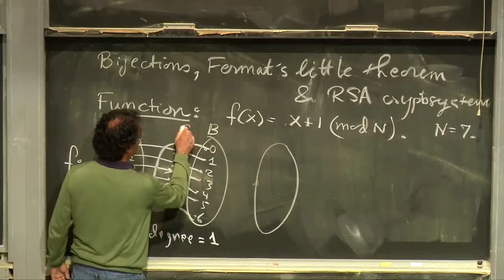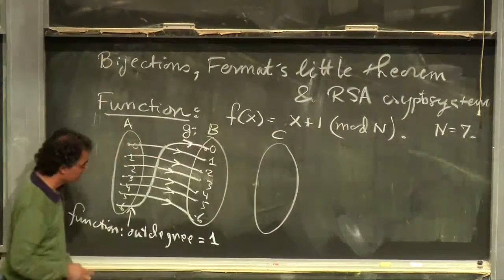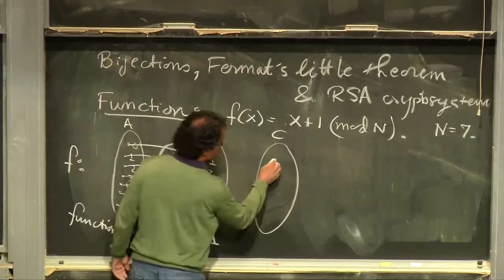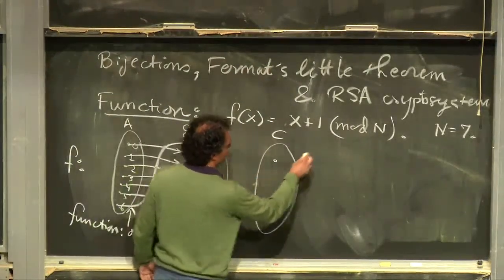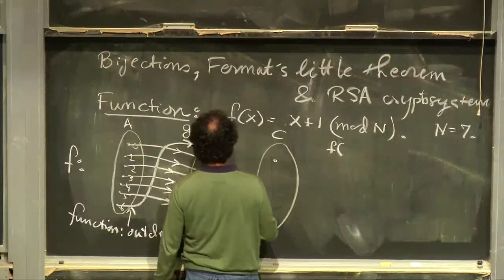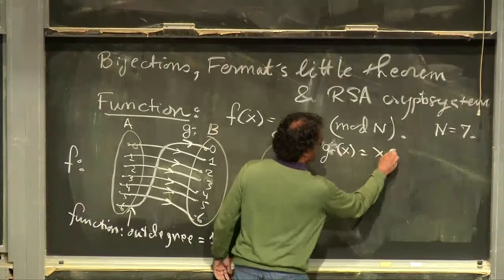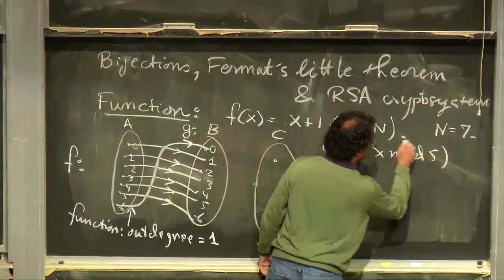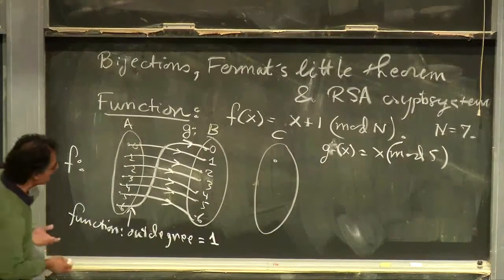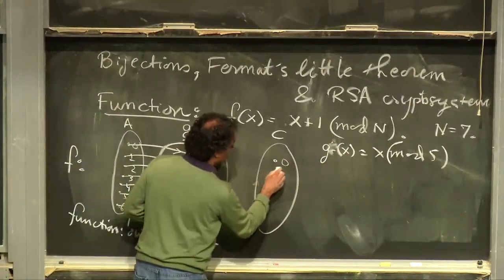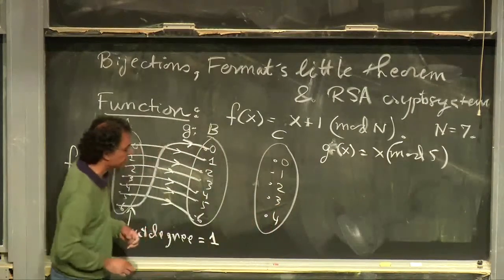But now, let's say you have a function g which maps B to C, and maybe g of x equals x mod 5. So now what happens? C is 0, 1, 2, 3, 4.